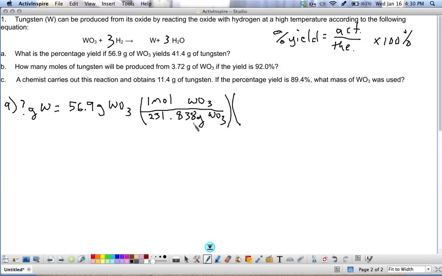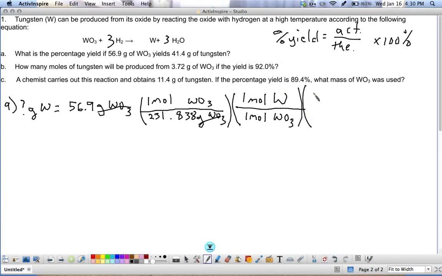Okay, so that gets me grams of tungsten oxide to moles of tungsten oxide. And then I want to go from moles of tungsten oxide to moles of just tungsten.